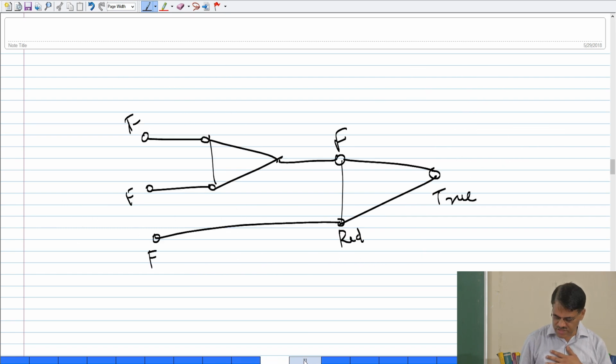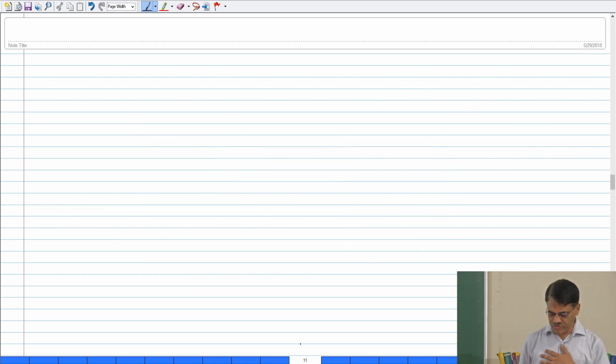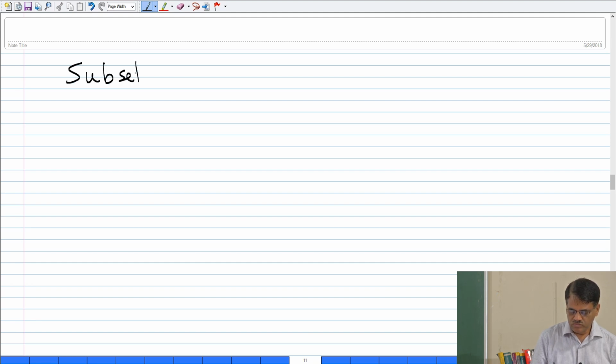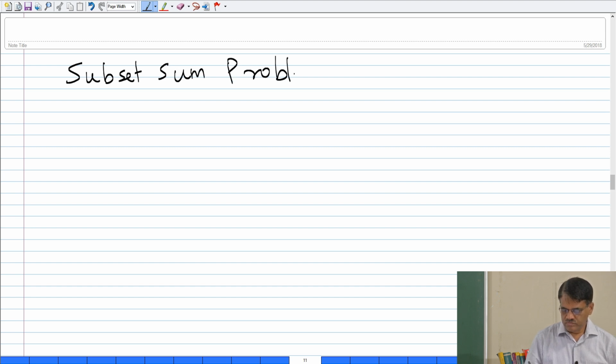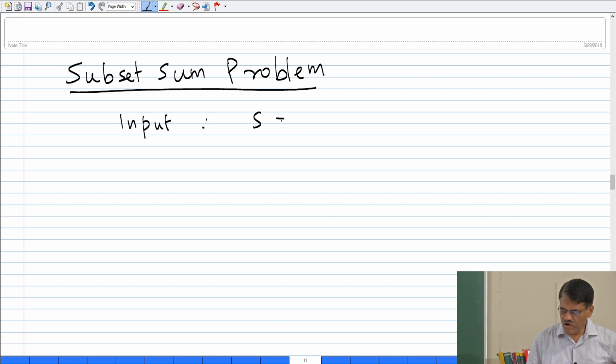Okay, last example I'm going to do is some sort of a numbering problem, and it's related to the knapsack problem. But I will phrase it like this: subset sum. So, what's your input? Is a set of numbers.